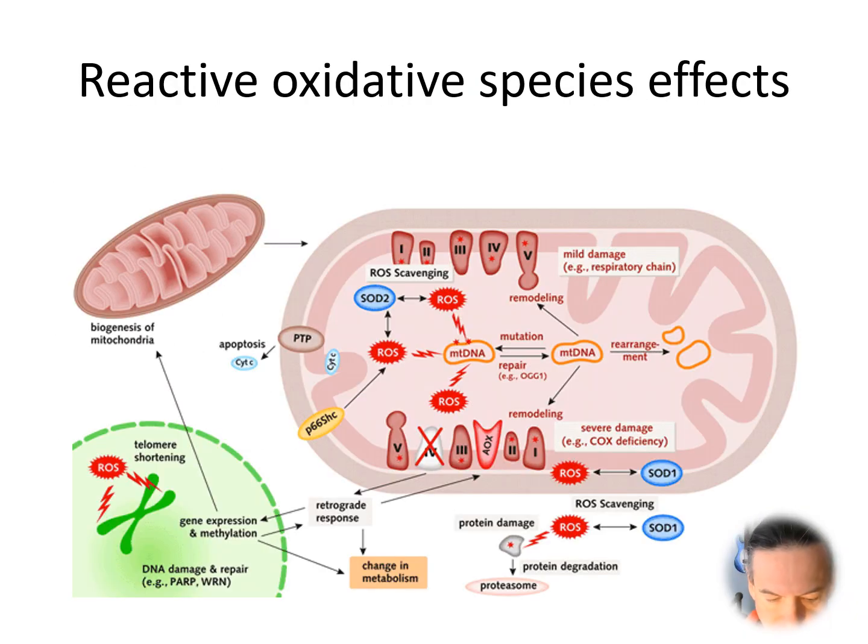I do want to spend a little bit more time on ROSs, reactive oxidative species. These guys are going to be based on compounds like sulfur. So like SOD2 is actually going to generate a reactive oxygen species of like sulfur dioxide. They're also going to be ones that are based on nitrogen. So just think of these as molecules that contain oxygen, like NOx's, SOx's, that are very electron grabby.